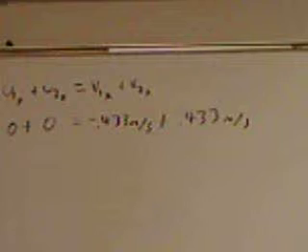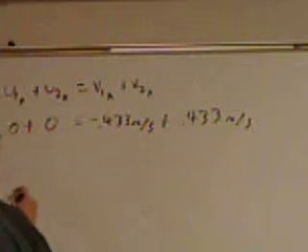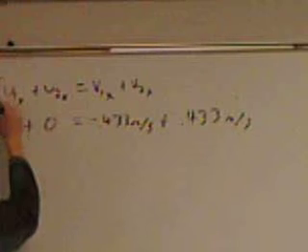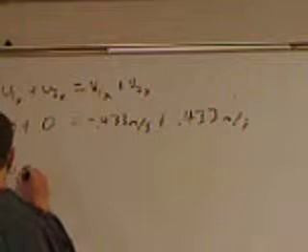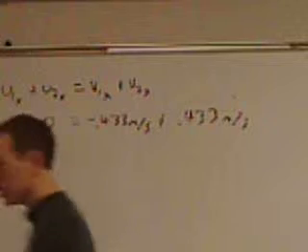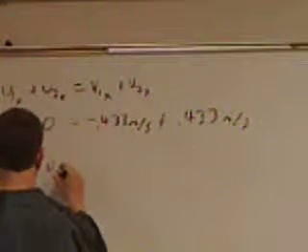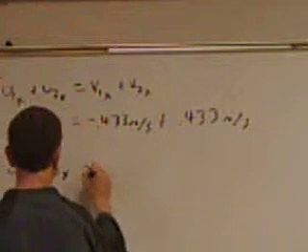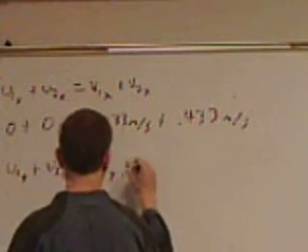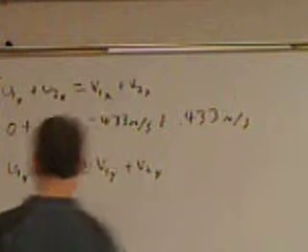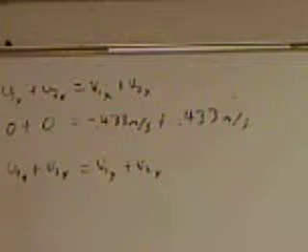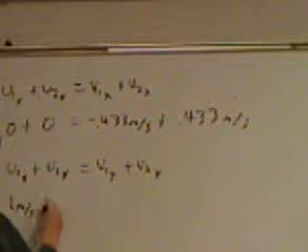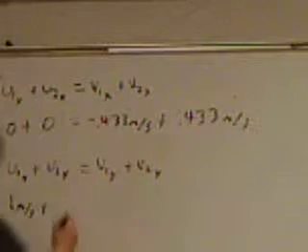Next up, we want momentum in the y conserved. So now we want to do this in the y. We have u1 sub y plus u2 sub y equals v1 sub y plus v2 sub y. Again, the masses drop out for the same reason as before. So we put in our values. What's u1 sub y? 1 meter per second. Plus, what's u2 sub y? 0.